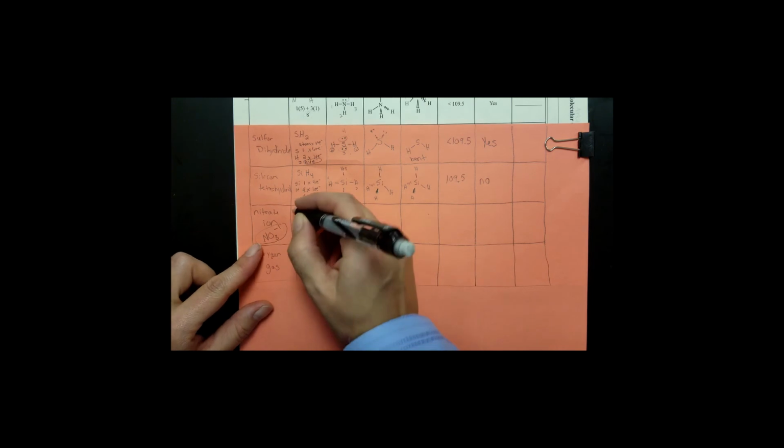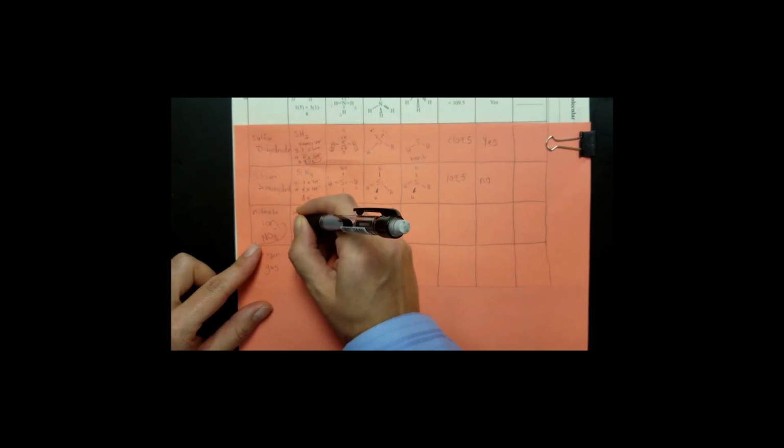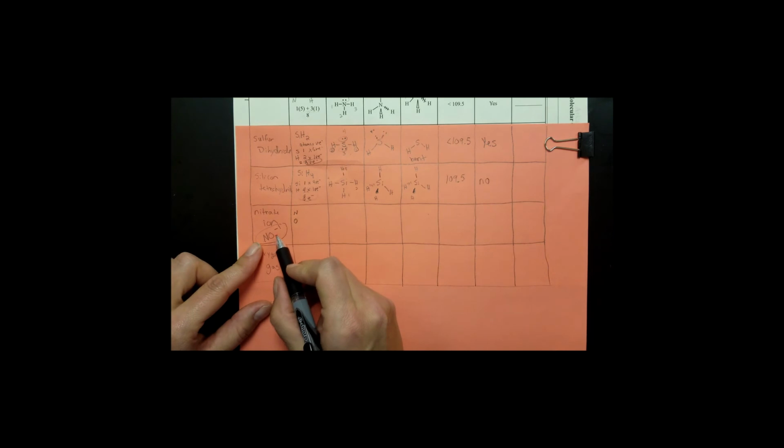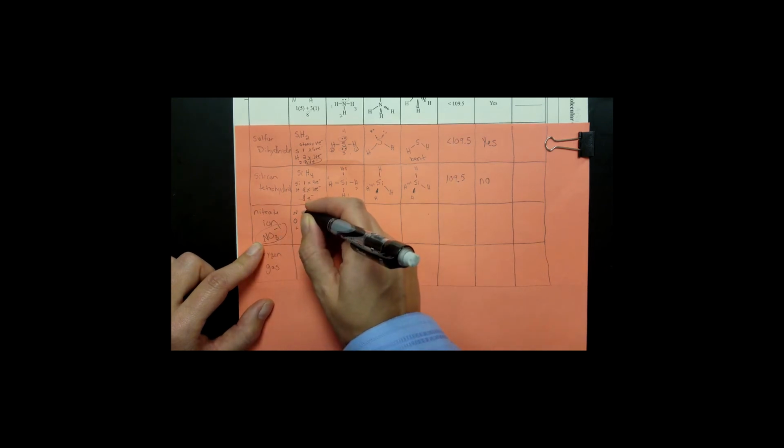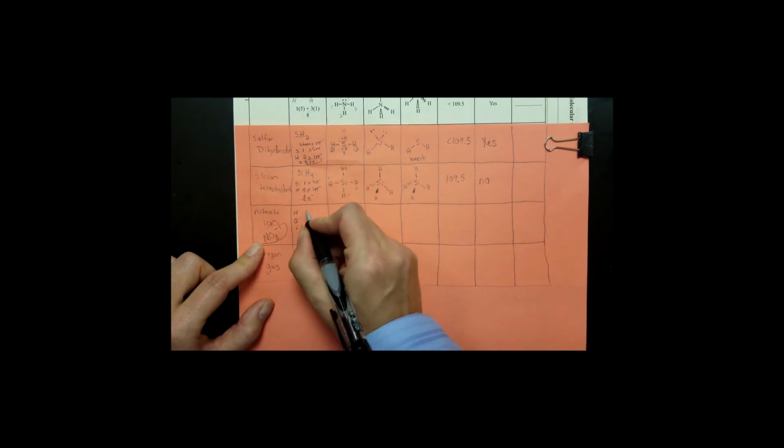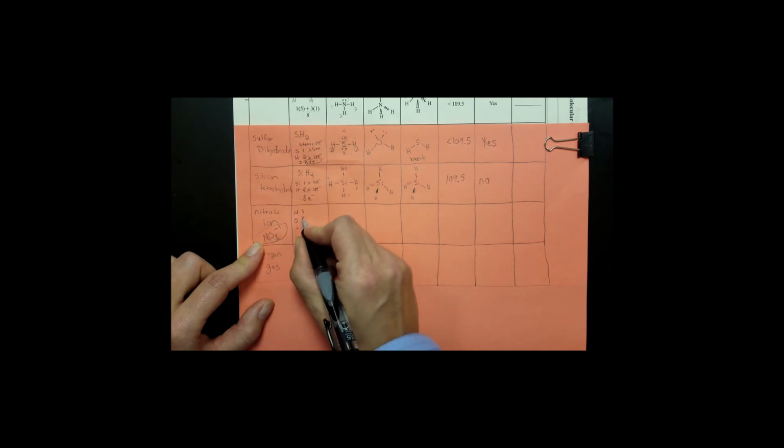So for nitrate, let's count our valence electrons. We have nitrogen, we have oxygen, and because of that negative charge, I'm also going to add one more electron, because the reason it has a negative charge is because it has an extra electron. So once I get the total valence electrons from the nitrogens and the oxygens, I'm going to add an extra to that total because of that -1 charge. For nitrogen, there is just one atom in the chemical formula. For oxygen, there are 3.